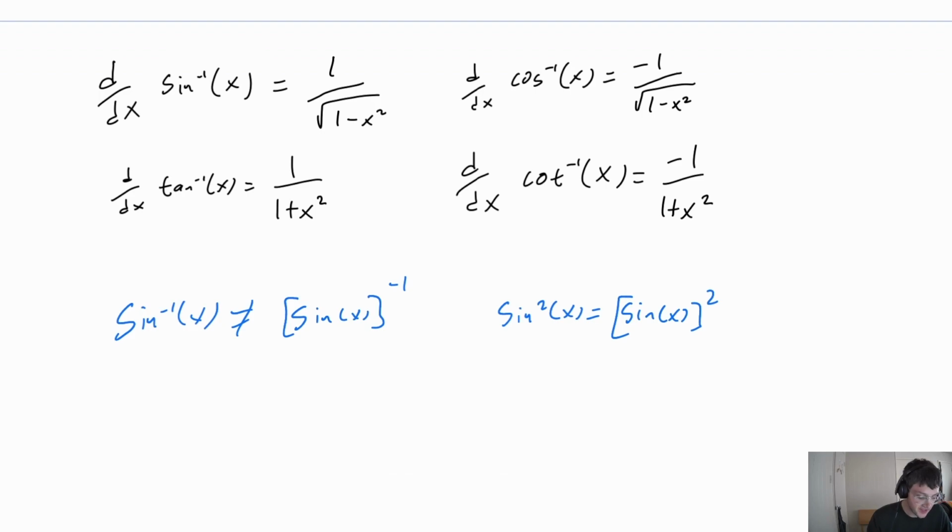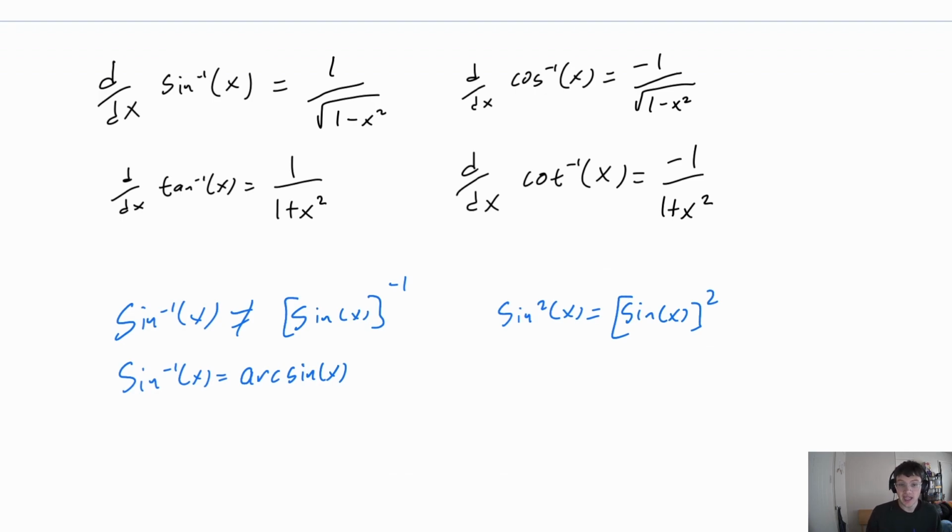So if this exponent is -1, it doesn't behave like this. Sine to the -1 of x is the inverse sine function, also called arcsine.